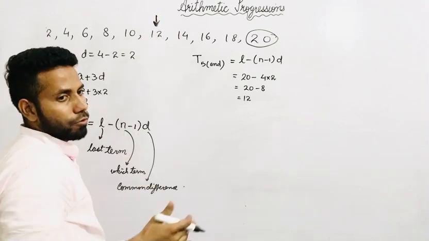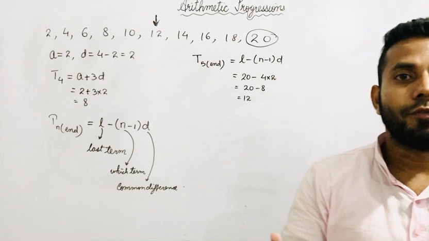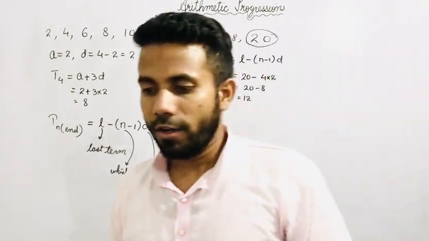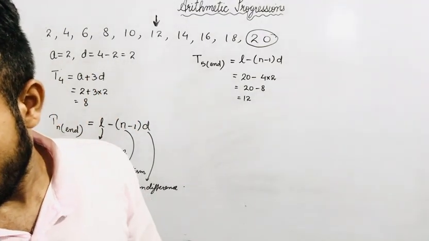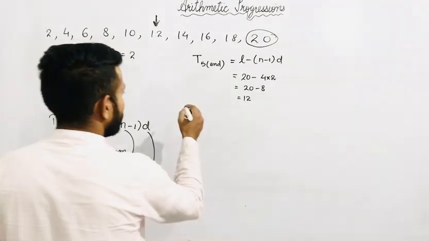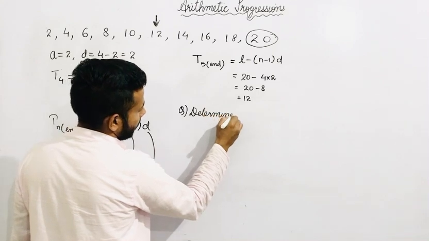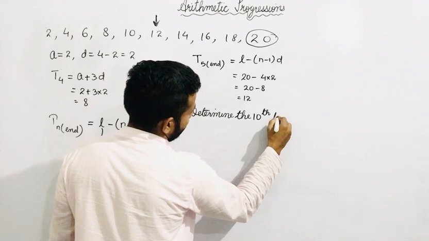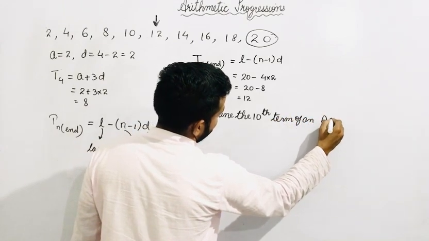So now you know how to find it. Now you know how to find any term of an AP from the beginning and any term of an AP from the end. Like let me take an example. Determine the 10th term of an AP from the end. The question is, determine the 10th term of an AP.